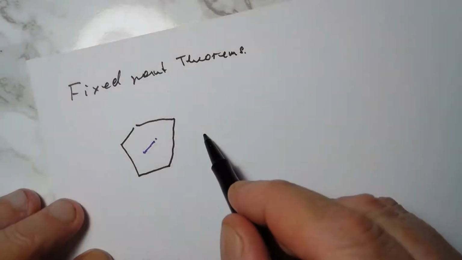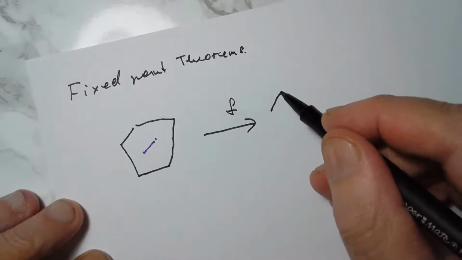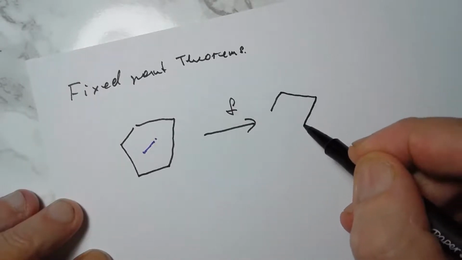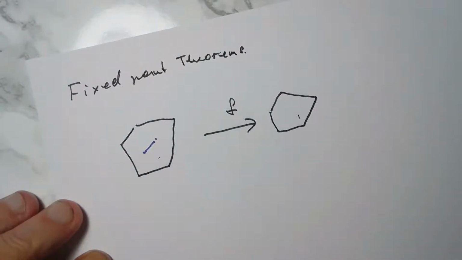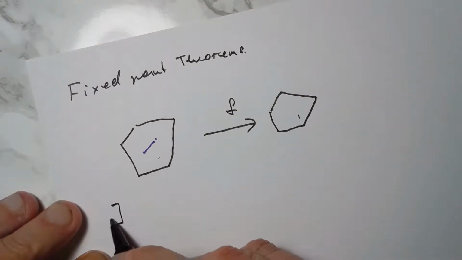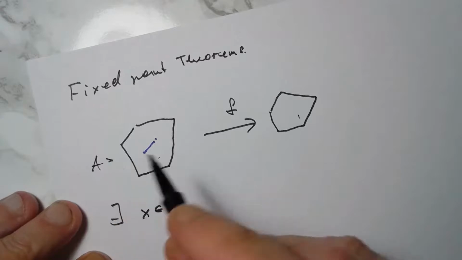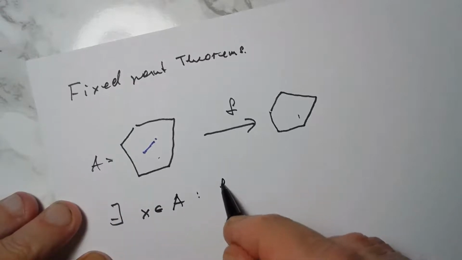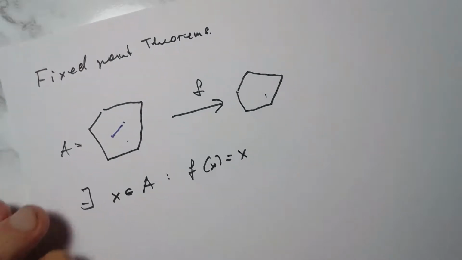And if I have a continuous function f that maps this set back into itself, okay, so the picture is not accurate, but I assume that this set and this set are exactly the same. So in that case, there exists an x in this set such that f of x is equal to x.